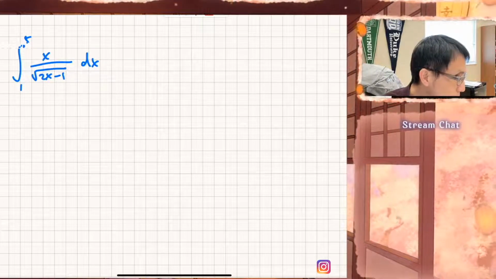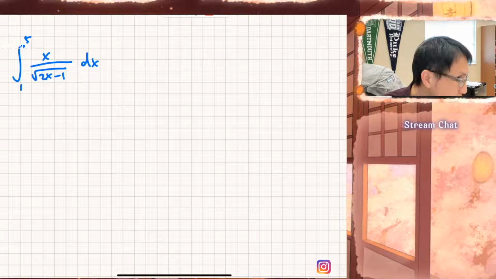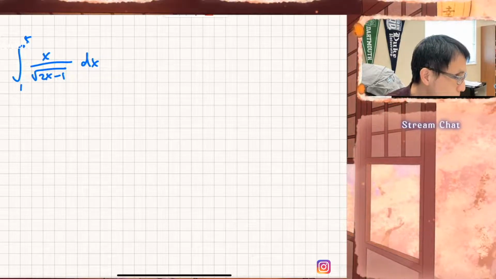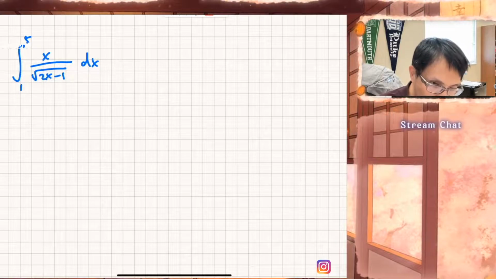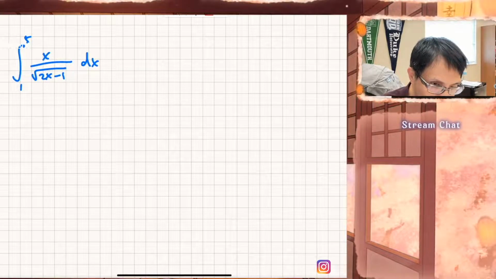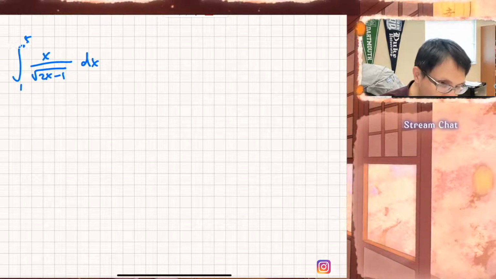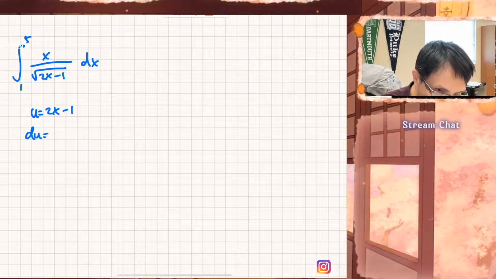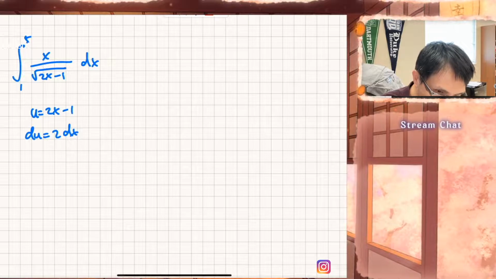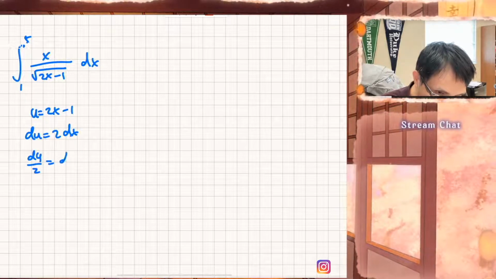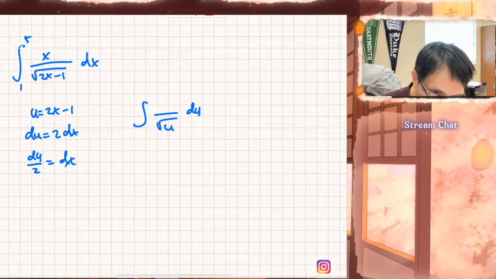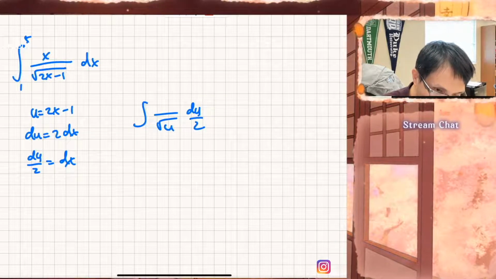Okay, so this question will probably be the hardest one. A lot of you just need to make sure that you let u equal 2x minus 1, du equal 2 dx, so du over 2 equals dx. Then that's going to be the integral of square root u, du over 2, and the x.